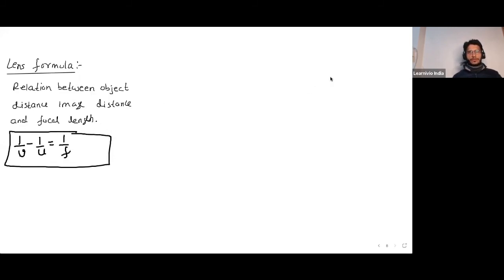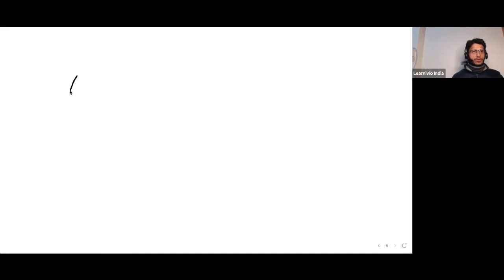Now let's derive this formula. So this is your lens, a convex lens. I'm drawing it for a convex lens. I'm deriving this relation for a convex lens. Even if you take a concave lens, the relation is the same. So we take a convex lens.